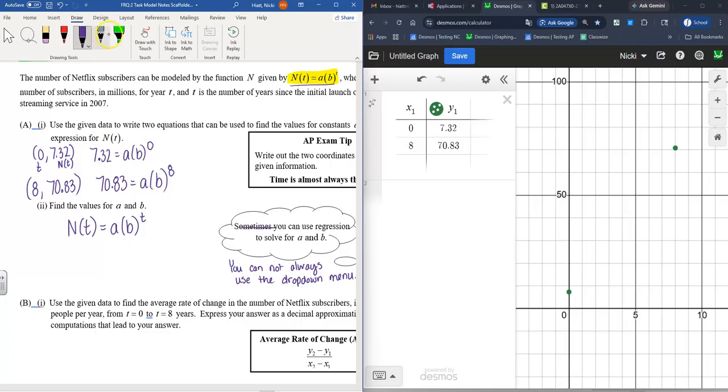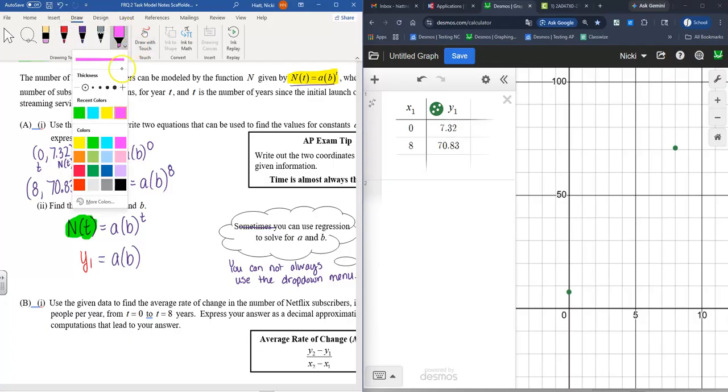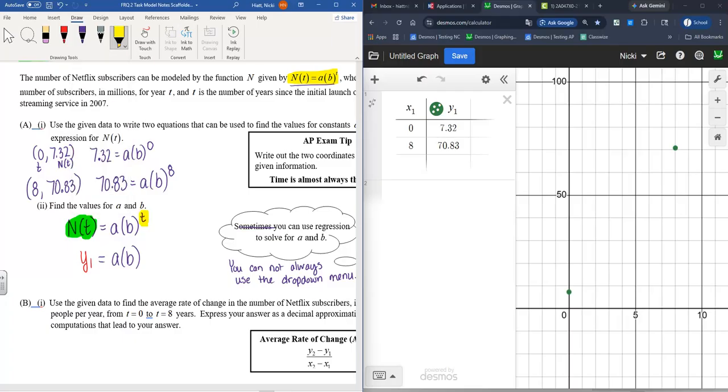So, this piece right here, whatever is in that y-like position, your function notation, you're going to replace it with y1. You're going to leave the other stuff alone, a times b, much like you did in your equation up here, right? Actually, and then you're going to replace the t right here with x1.